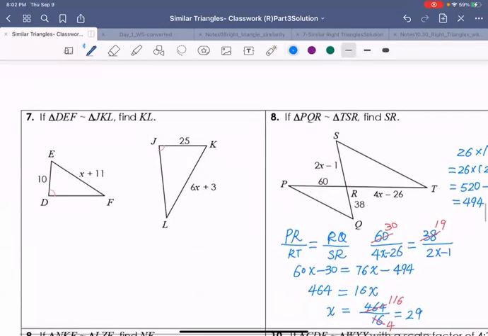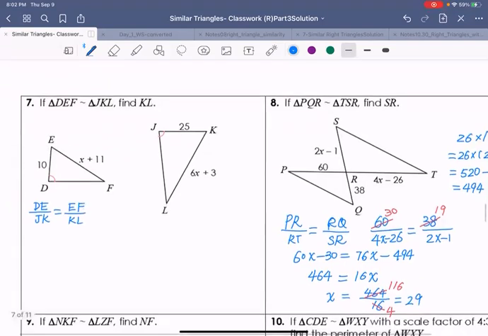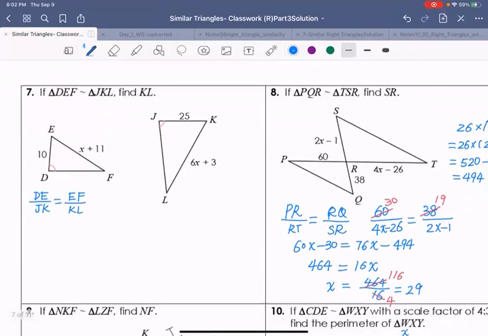Yes. So DE over JK is equal to EF over KL, which is equal to DF over JL. So 10 over 25 is equal to x plus 11 over 6x plus 3.